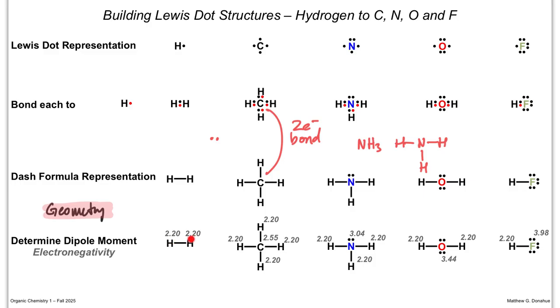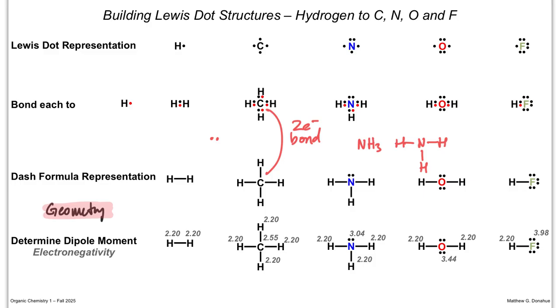So that minus that is 0. There's no difference. Carbon is 2.55. Hydrogen was 2.2. So you get about a 0.3 difference. And again, they're fairly close, so it's not that big a change in the electrostatic potential of the bond.